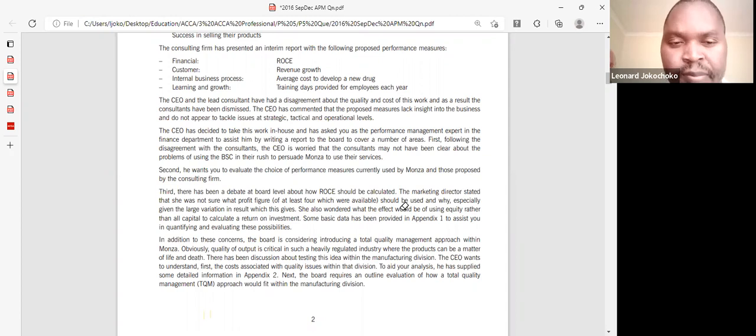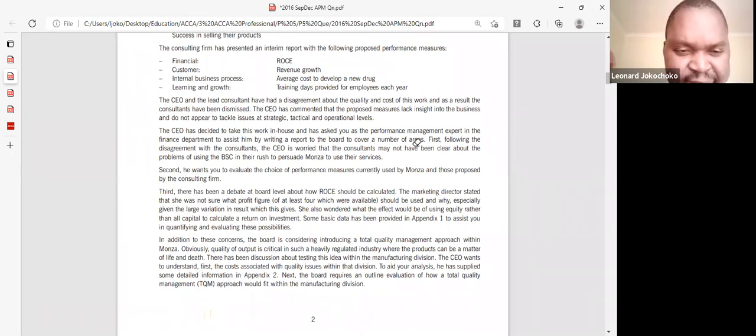Second, the CEO wants you to evaluate the choice of performance measures currently used by Monza and those proposed by the consulting firm. Third, there has been a debate at board level about how return on capital employed should be calculated.